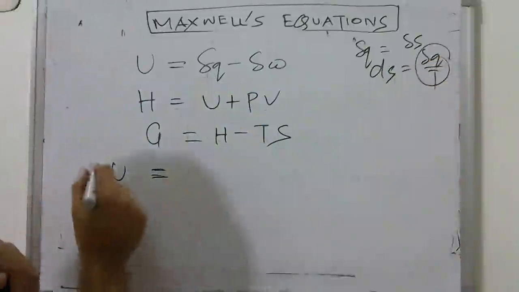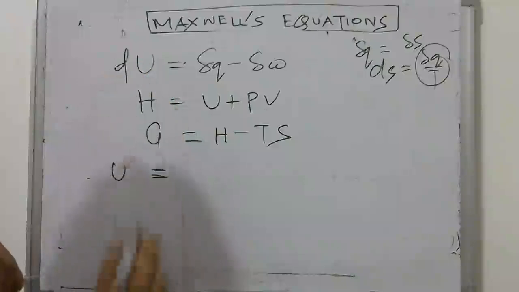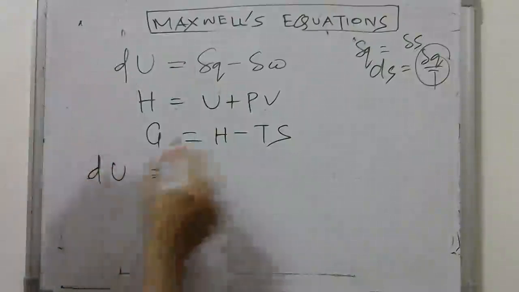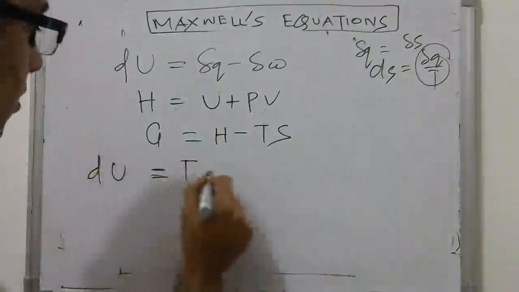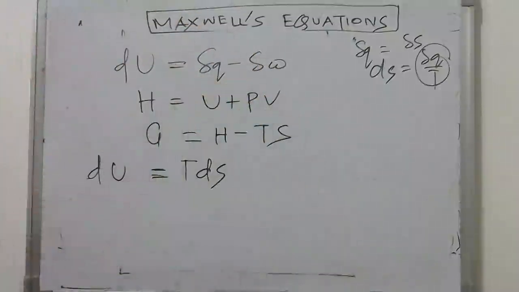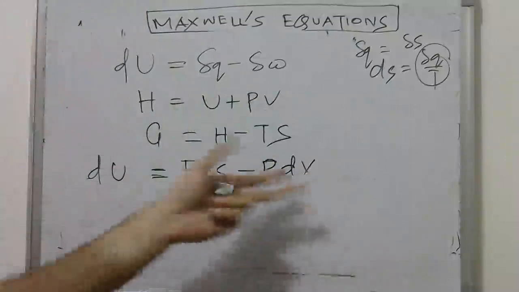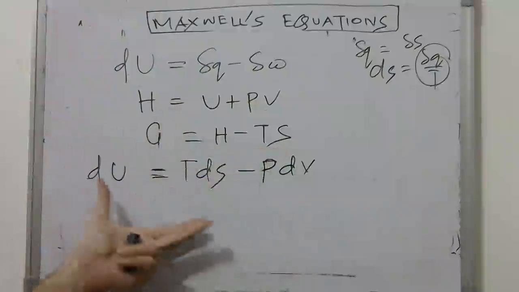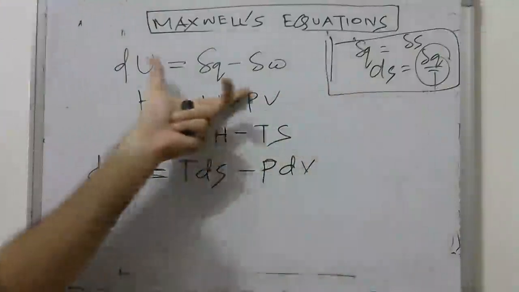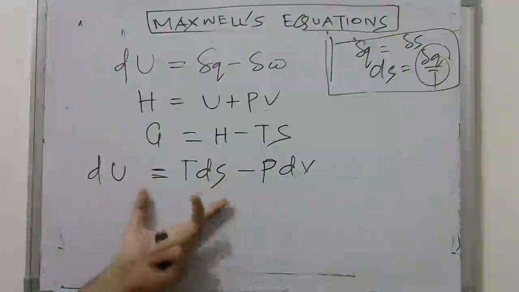So if I write about dU, dU is nothing but TdS, and the expression of work is always given by PdV. So TdS minus PdV, you get your first equation. You don't need to remember it. This is the second law, which is the expression of entropy, and this is the first law. Combining this, you get the first relationship for Maxwell equation.